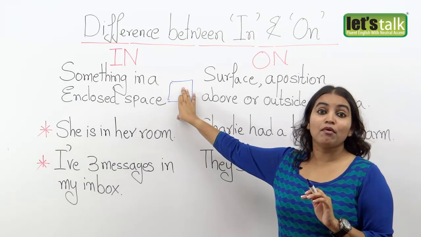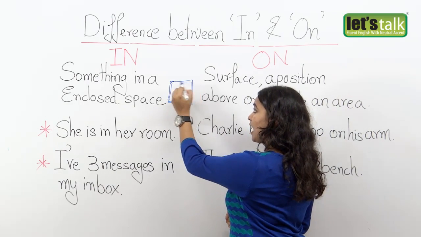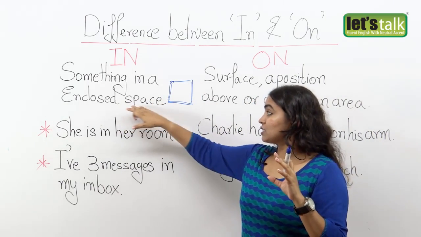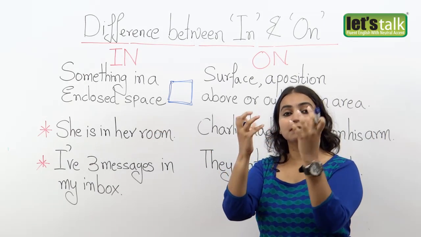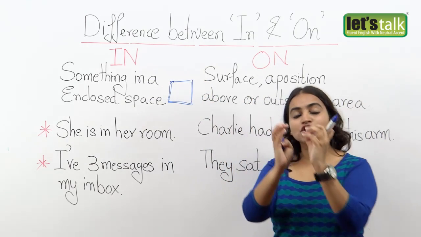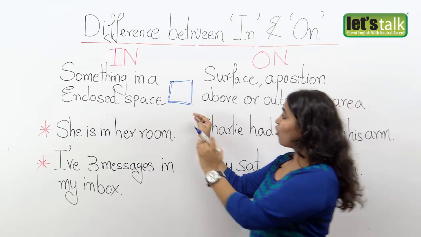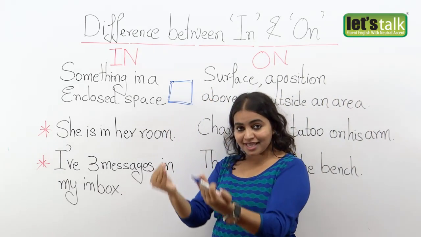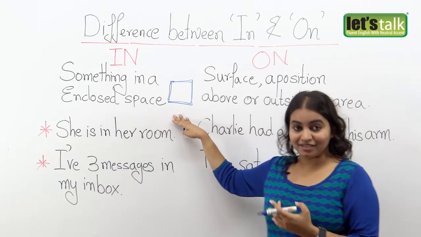This is a box, okay? And a box has an enclosed space because it has a physical limitation. So in a box, only a certain amount of things can be contained because it has a physical limitation. And that's what an enclosed space means.